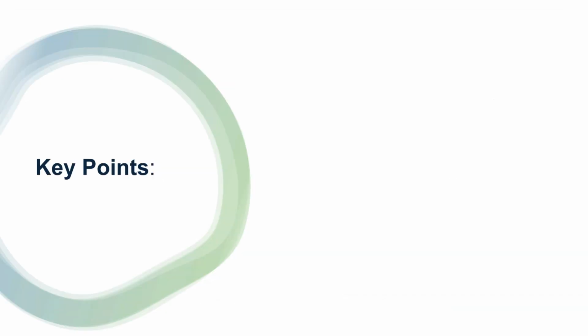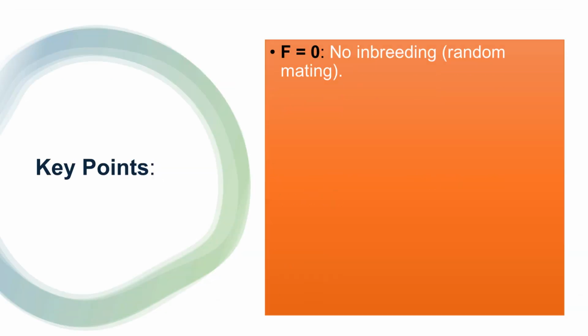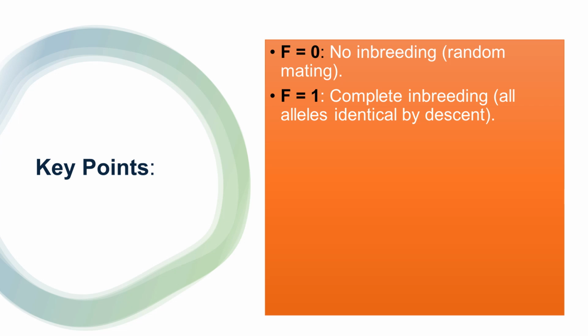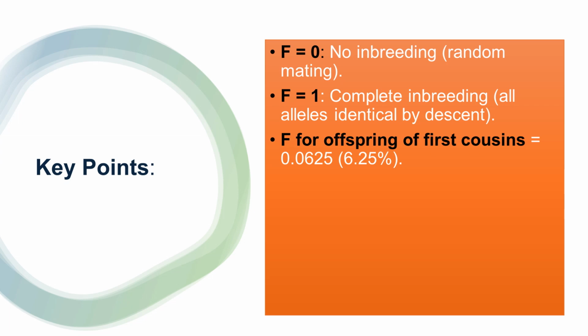Key points. F equals 0: no inbreeding, random mating. F equals 1: complete inbreeding, all alleles identical by descent. F for offspring of first cousins equals 0.0625, or 6.25%.